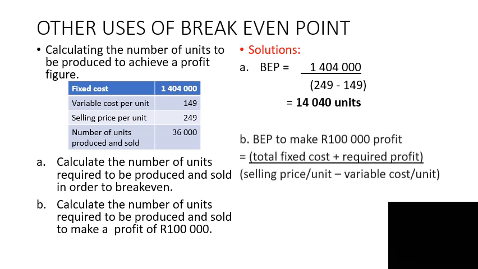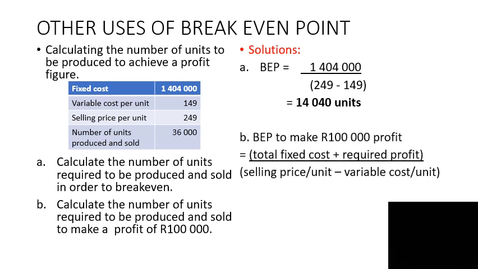The formula will now act as the same formula that we use to calculate our break-even point, but we are going to add the required profit to our total fixed cost.